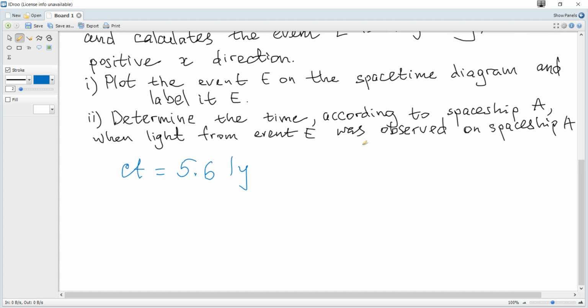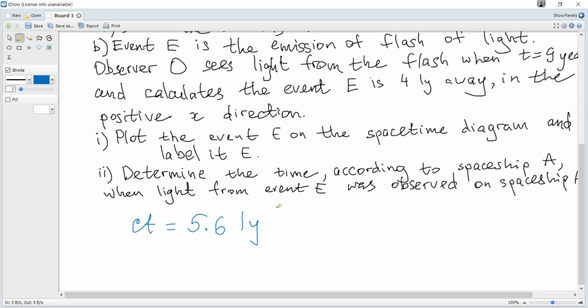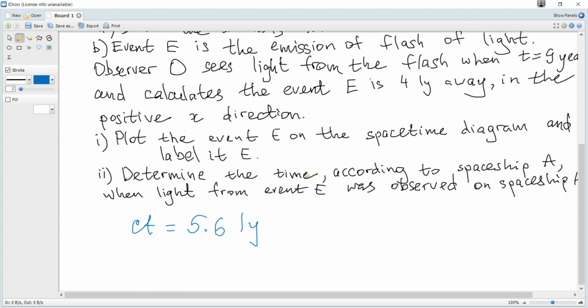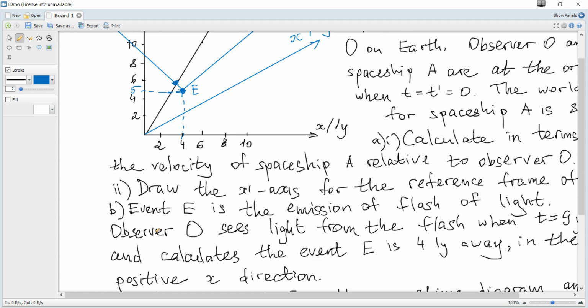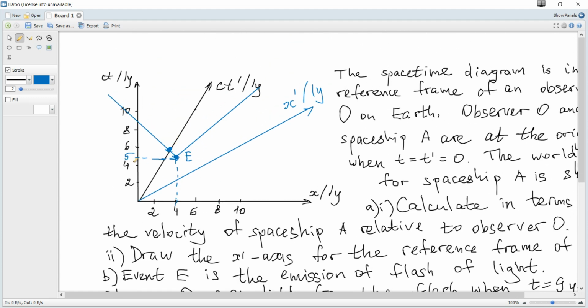Its light is observed by A, but in the reference frame relative to the Earth. We just need to convert, or find the corresponding coordinate on the ct primed axis. Notice that the scales are different and you cannot use a ruler and make a proportion. For example, 1 centimeter on the ct axis is not the same value as 1 centimeter on the ct primed axis. But how to convert?